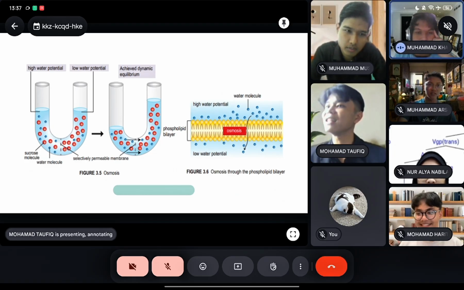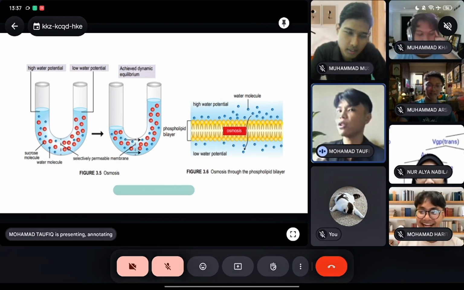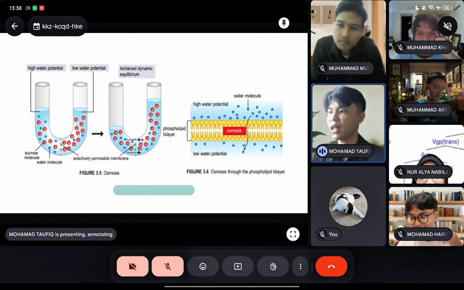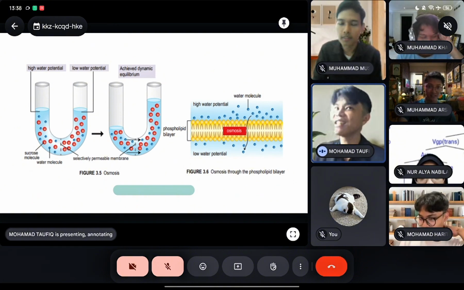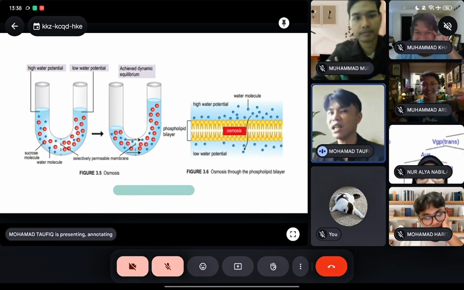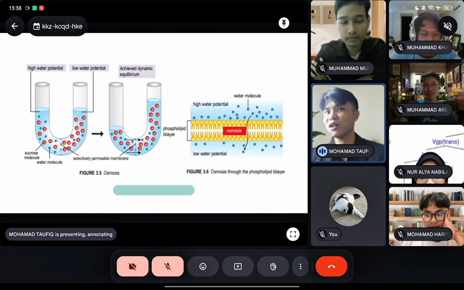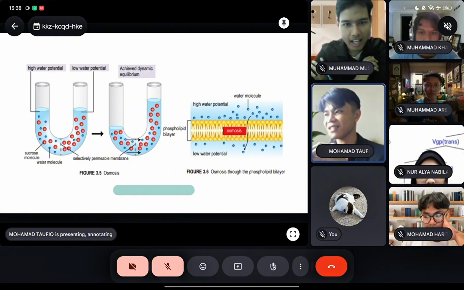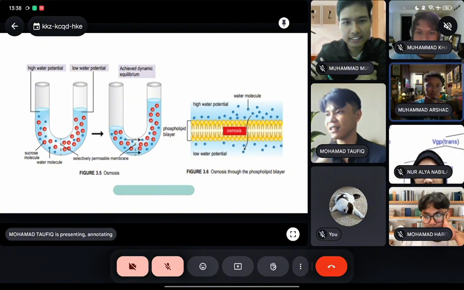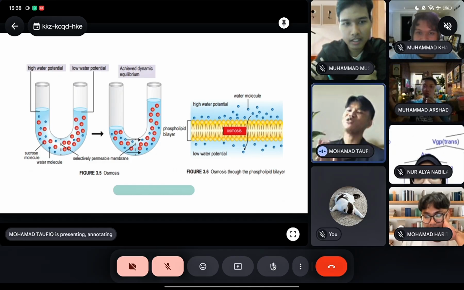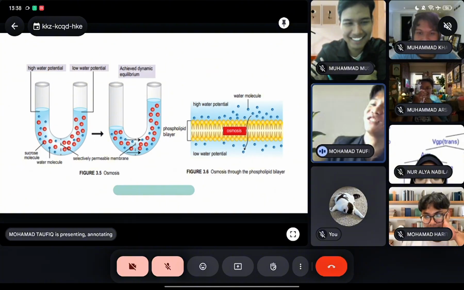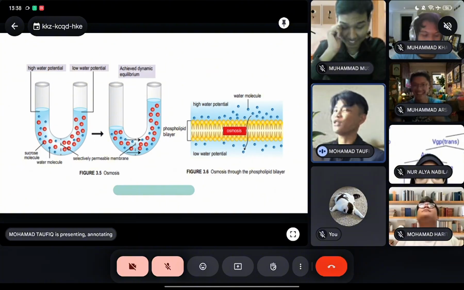High water potential. True. So the key term for that is high water potential. And then, Arshad, if high water potential has more water molecules, the low water potential will have fewer. Yes, true. That is the correct answer. One star for you.